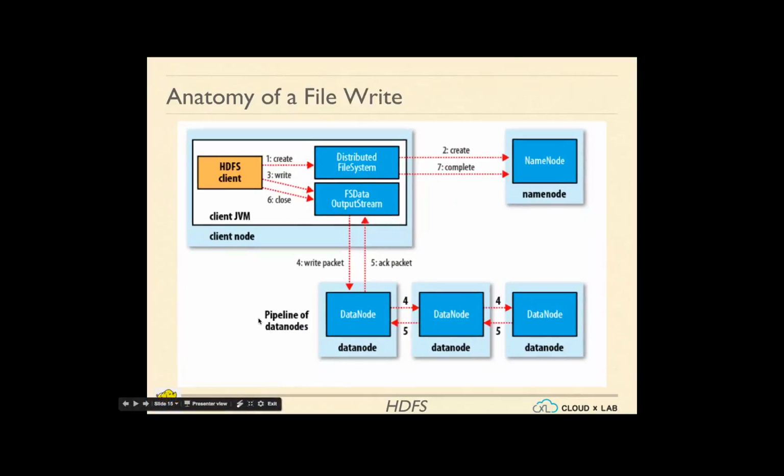Now, in a similar fashion, when a client wants to modify a file like this, it will first go to the name node saying, create a particular file. Name node will create a file and respond with the list of blocks saying, go there and save your data.